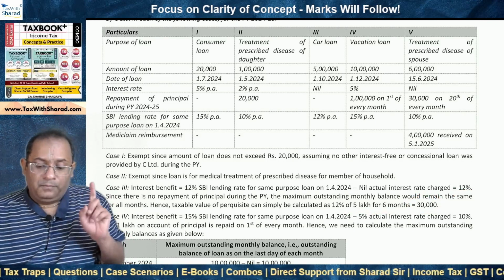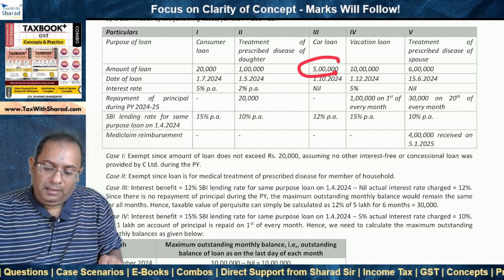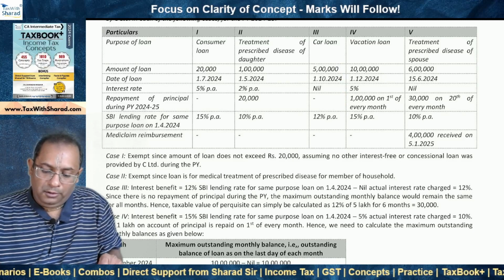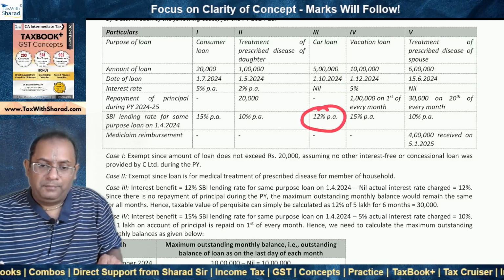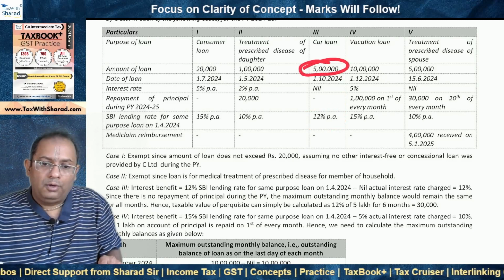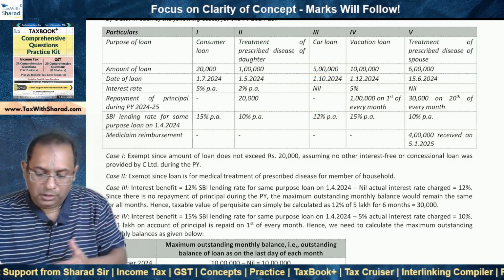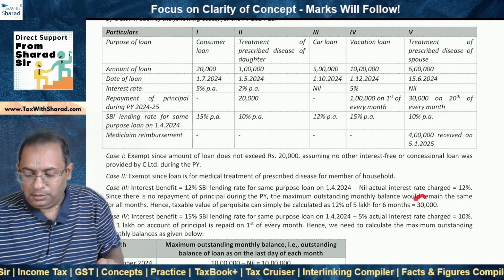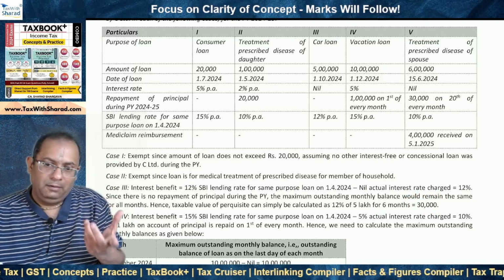So note that if the outstanding balance at the end of each month remains the same throughout the year, you just need to multiply the interest benefit by the amount which is remaining constant, for the number of months, and on a per annum basis you find the amount of interest that will be the value of perquisite.